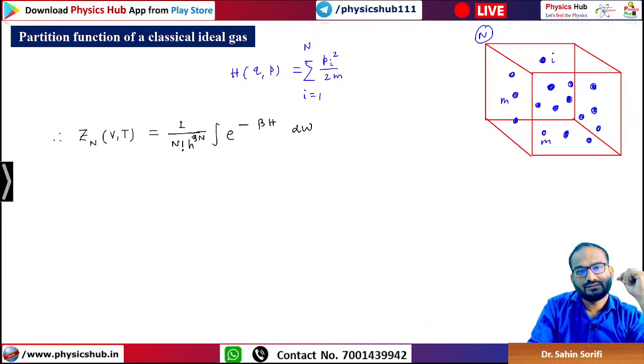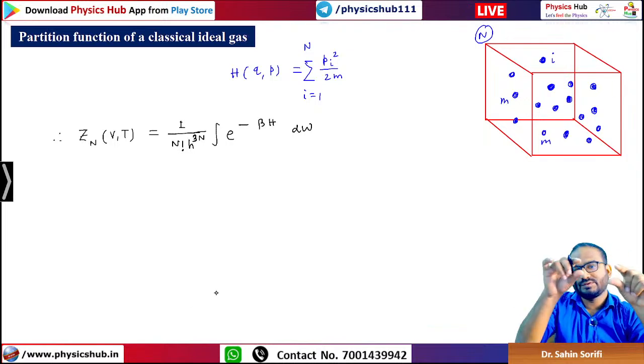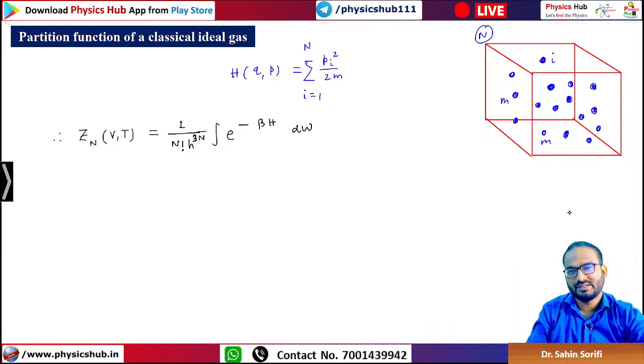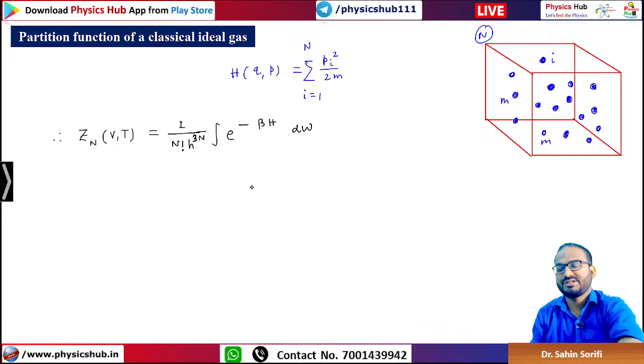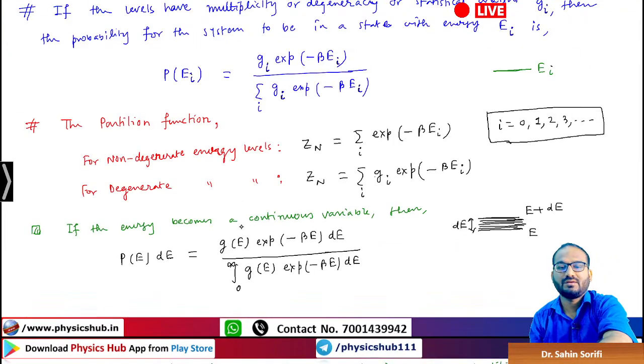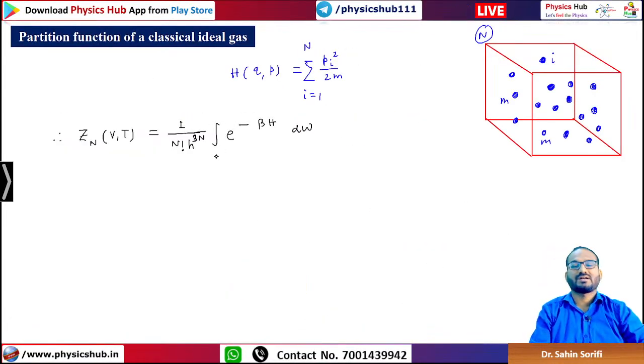So you just know this thing, that an interval of energy corresponds to this many number of states in the phase space. So that is why the formula is changed a little bit. Okay, this is the actual formula, but we have to consider it in phase space, and the formula is changed accordingly. This is in 3 dimension.